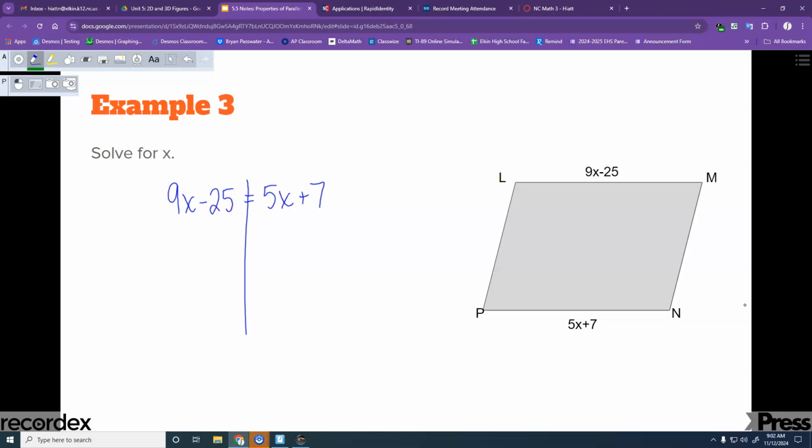So, Alex, what would we do to solve that equation? I usually like to move my x's first. You could, I would probably do the minus 5 to avoid the negatives. So that'll give me 4x minus 25 equals 7. Okay, what would come next, Alex?